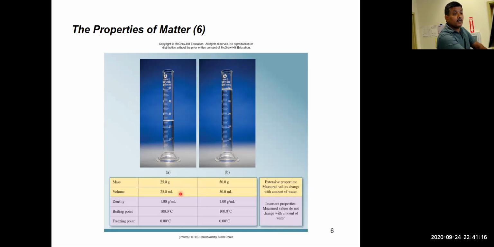That's why there were two different numbers. But density is an intensive property, or intrinsic property. So both the samples have the same density of 1 gram per ml. Boiling point is not going to change between these two because it is still the same matter, because it is an intensive property. And freezing point is also the same because it is an intensive property.